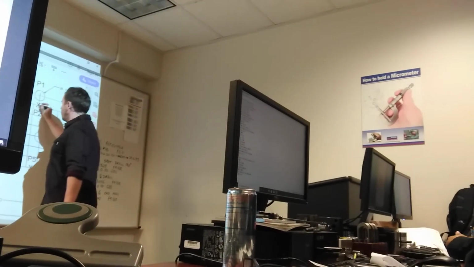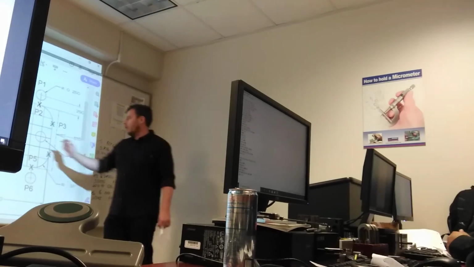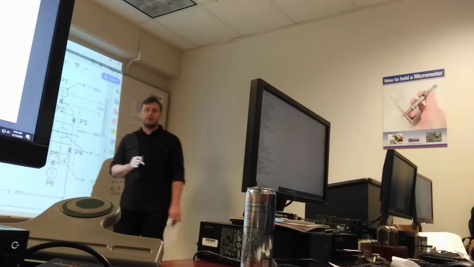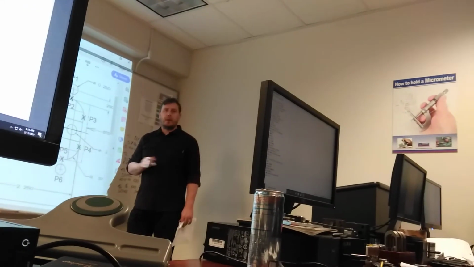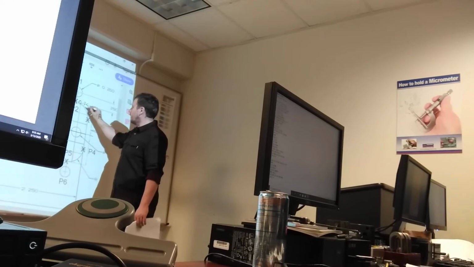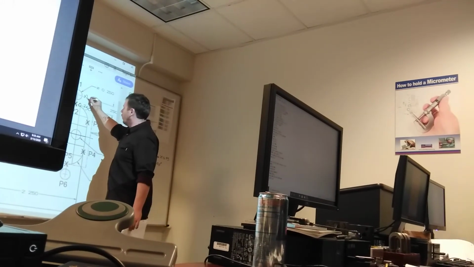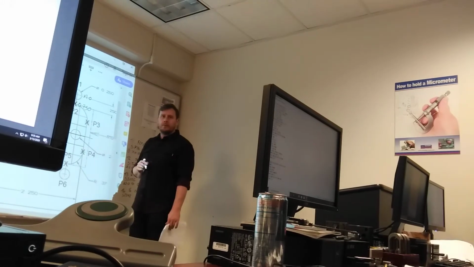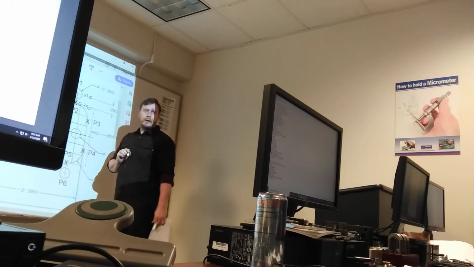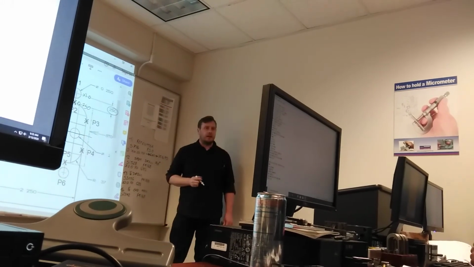So position 2 is on the part. What is the Y value? Part's 1.5 inches wide, so that is .750. We start the tool at Y 1 inch. So how far away from the part is it? .250.